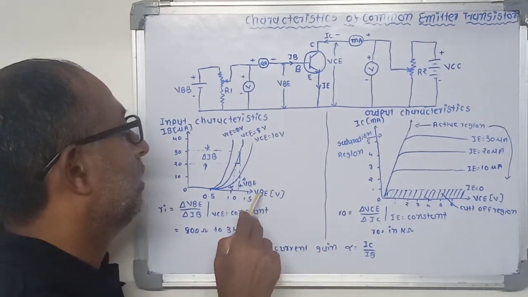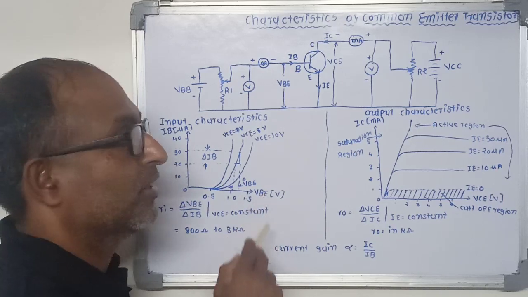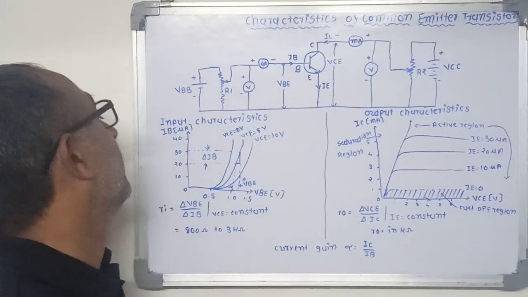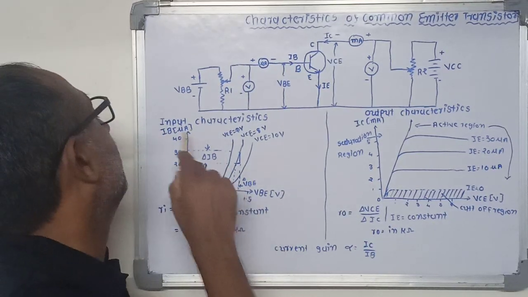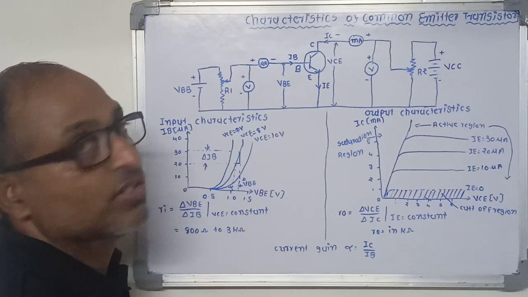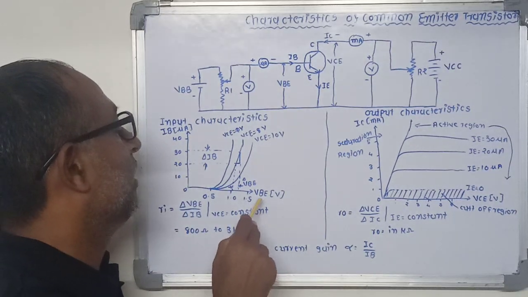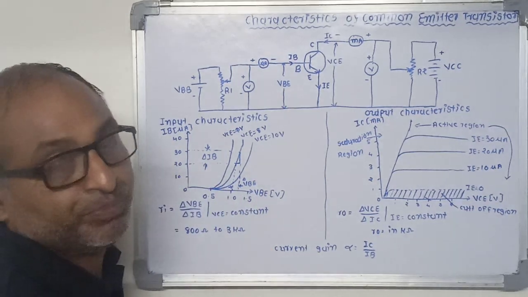Then the voltage across the base emitter junction VBE is increased from 0 to different voltage levels, and the corresponding value of base current is noted or recorded. And then draw a graph between VBE versus IB.